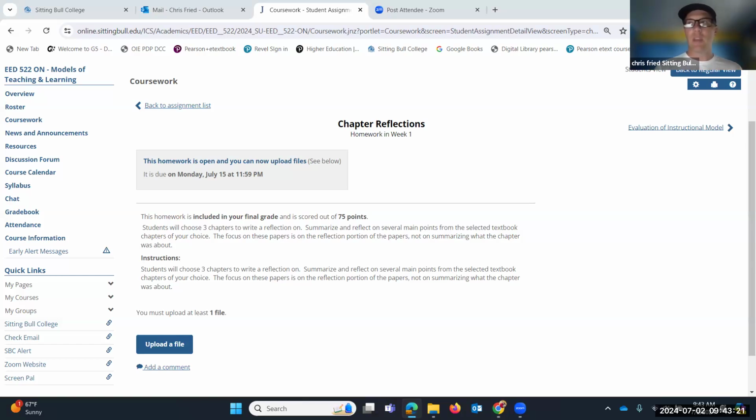So if you're looking at, I'm going to make something up here. If you pick chapter 4, for example, scientific inquiry, okay? So what is that about? Not what is scientific inquiry, but summarize a couple main points in there.